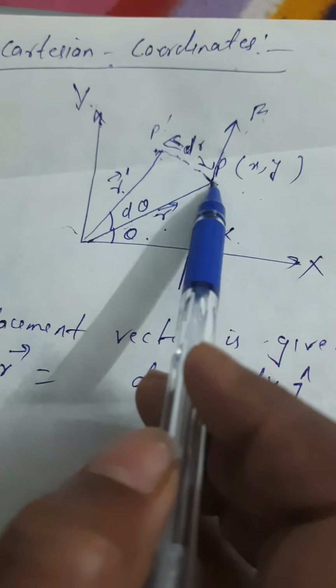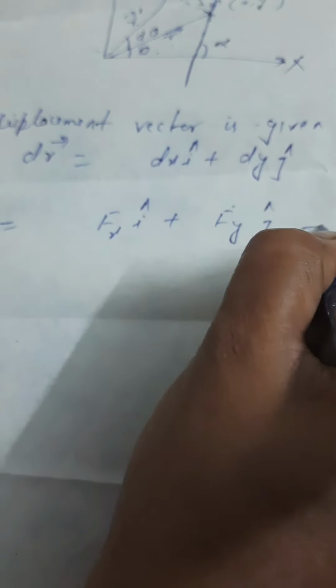Force is an inclined force, so its effect will be along the x direction and also along the y direction. So the force F is equal to Fx i cap plus Fy j cap.